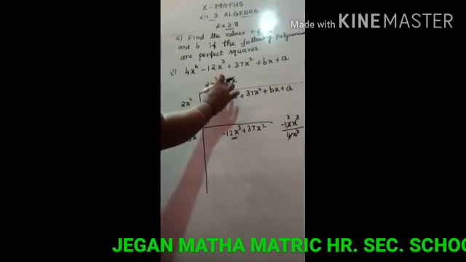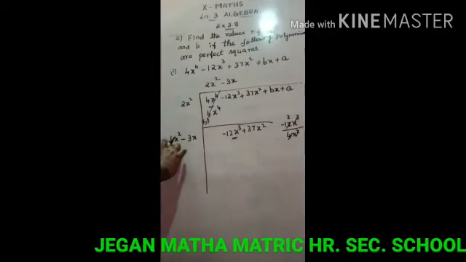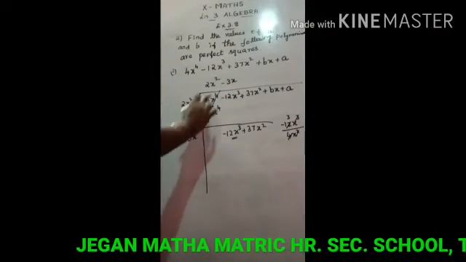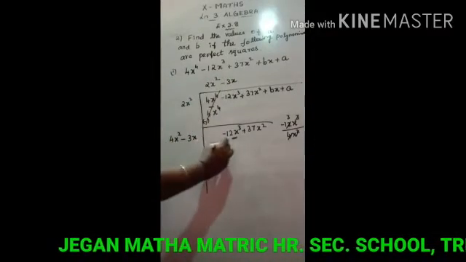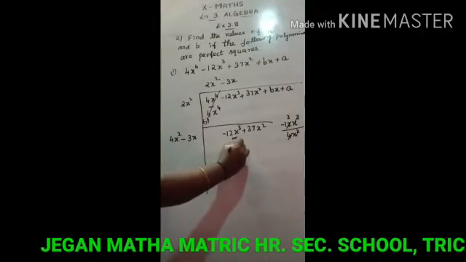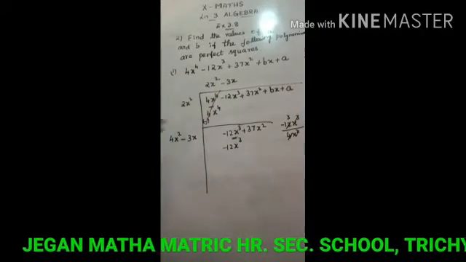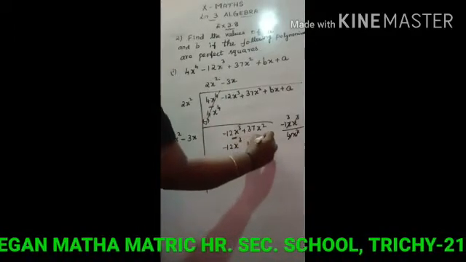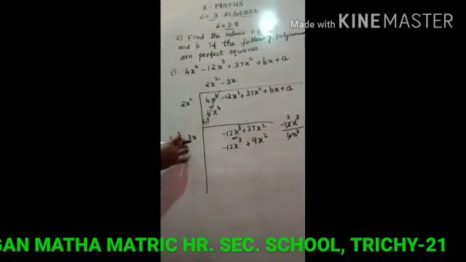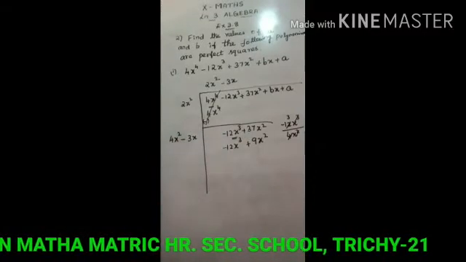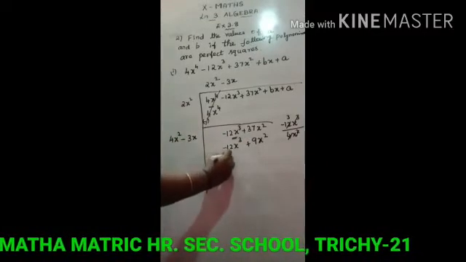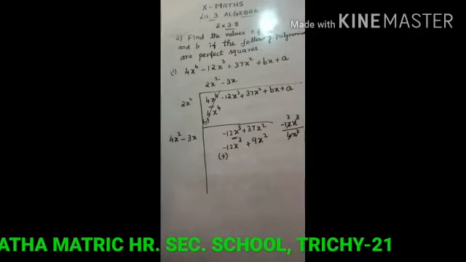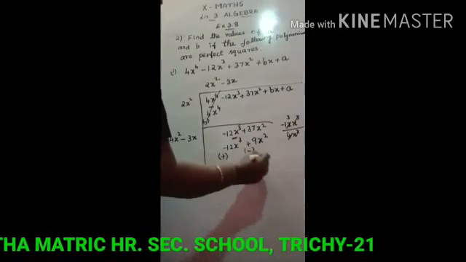So we multiply this minus 3x into the 2 expression, we have minus 3 into 4x square, minus 12x cube, and minus 3x into minus 3x, plus 9x square. The next step, we change the signs, minus changes into plus, plus changes into minus.